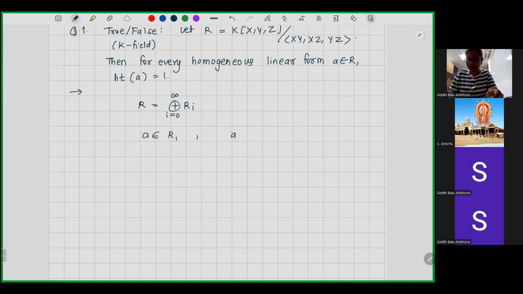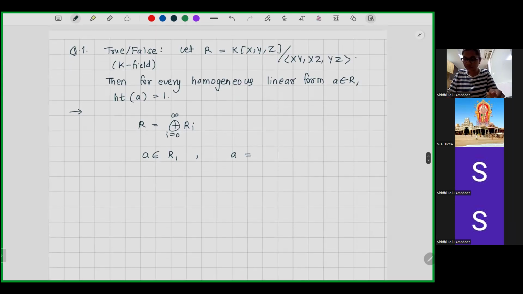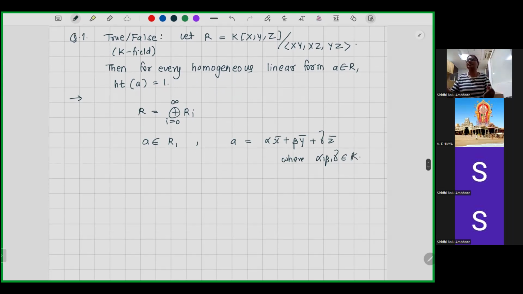Let me take A to be alpha x bar plus beta y bar plus gamma z bar, where alpha, beta, gamma are from K. This x bar, y bar, and z bar are the images of x, y, z under the quotient map to R. I hope you understand how this looks.